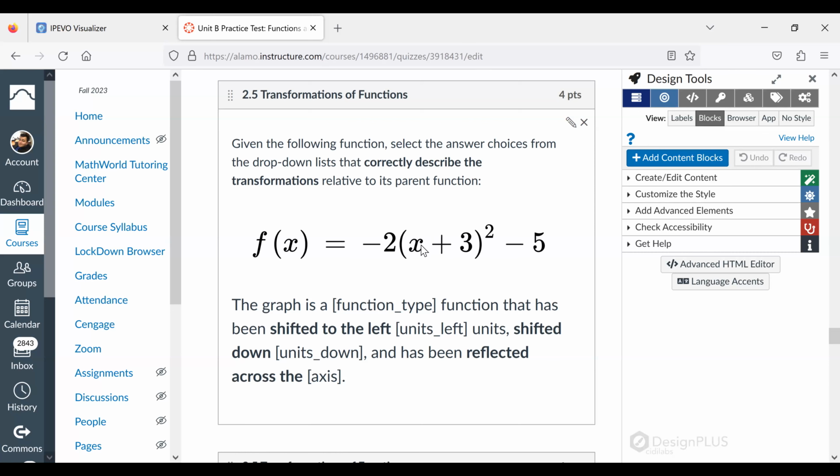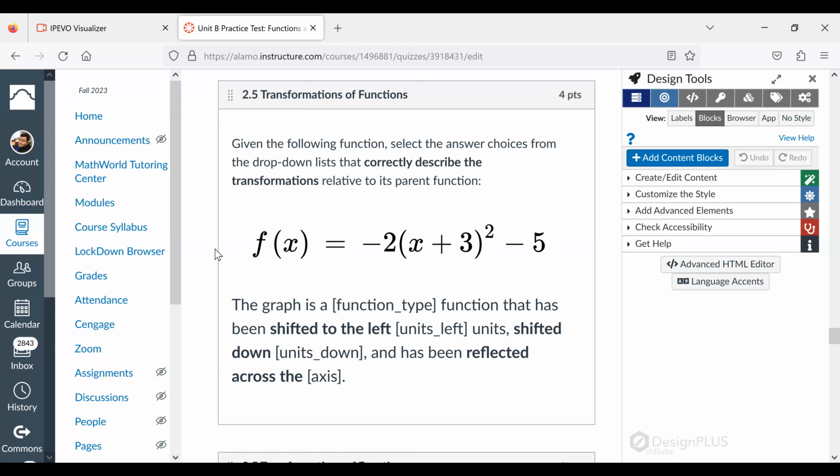What type of function is this? Let me write this down.